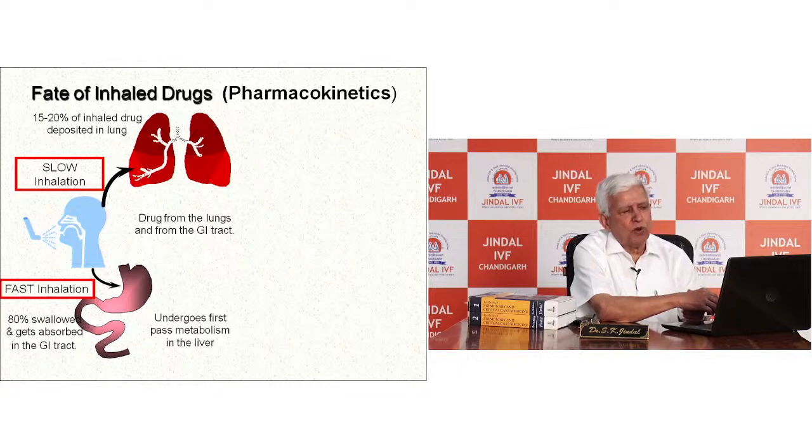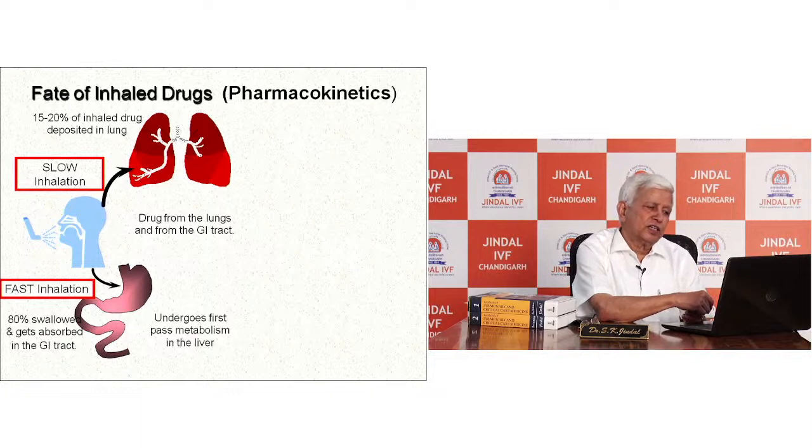That is one problem with the inhalation route, that a small quantity of drug reaches the lungs, although different methods have been designed, which we will come to later in this talk, to increase this deposition in the lungs.